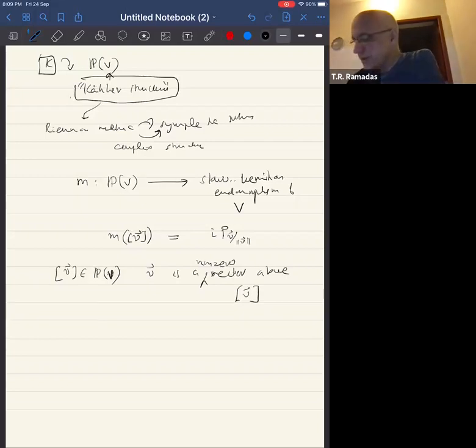And what could be more beautiful than this? The moment map for the action of U(V) on PV is just the following. Take a point of PV, that is a one-dimensional subspace, take the orthogonal projection to that one-dimensional subspace and multiply by i. Okay.